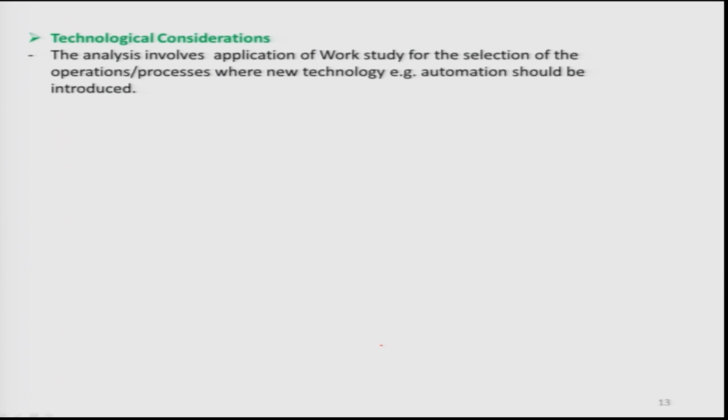Second one is technological consideration. After realizing that your work system design is going to be very cost effective, then you have to go into the technical aspect and check. The analysis involves application of work study for the selection of the operation or process where new technology, for example automation, should be introduced. Here, to continuously improve the productivity of a system, automation is required.